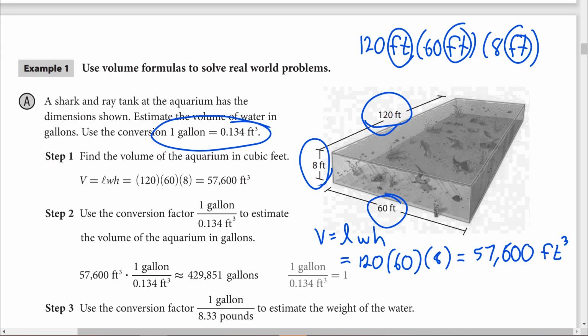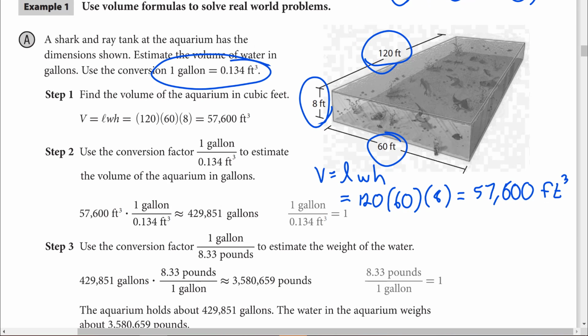Okay, how do I convert it to gallons? Well, we're going to use a little dimensional analysis. We'll turn that equation here into a fraction. Since they're equal, that fraction just equals 1. We just have to decide which way to flip it. So I need the cubic feet part to be in the denominator so that they will cancel out.